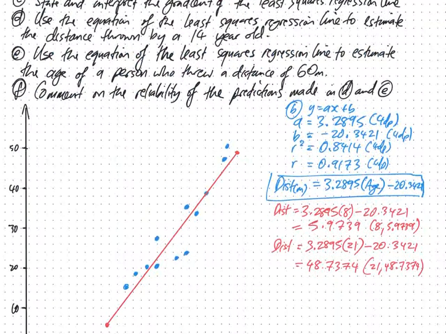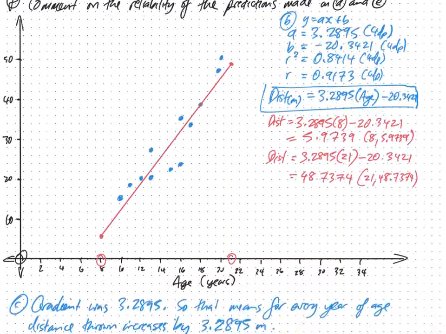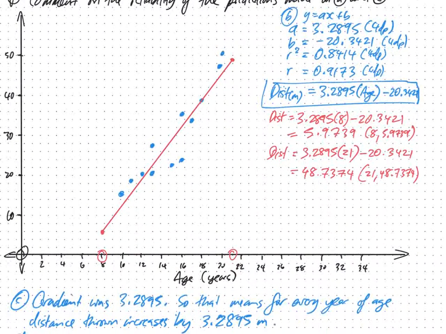Question F. So pretty much all questions in exams and tests are going to ask you to comment on the reliability of any predictions made. It's just a thing that I've noticed in SAFE, so I might as well get you to practice it. Comment on the reliability of the predictions made in D and E. This is always about interpolation and extrapolation. So in D, I predicted a 14-year-old. My lowest bit of data is a 10-year-old.